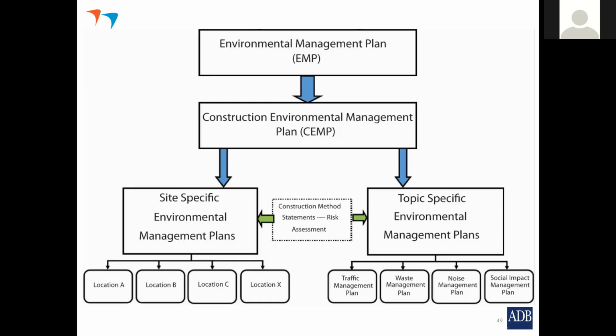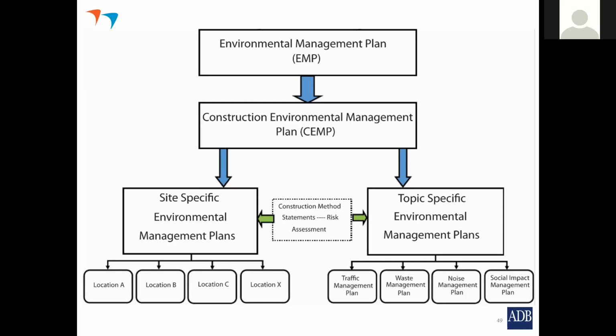These ask for specific activities, such as, for example, dredging. You might have a site-specific environmental management plan as part of the overall construction environmental management plan that deals just with dredging. Another one might deal with land clearance in a particular area.